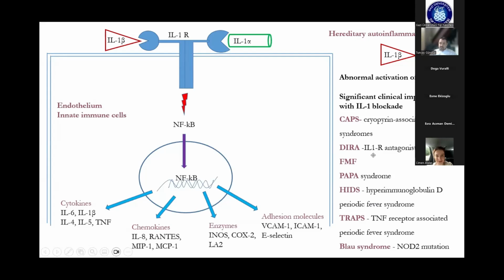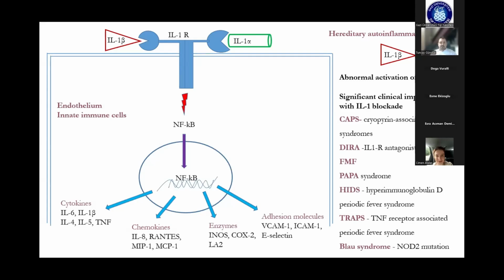Mainly rheumatologists deal with them, but we are all familiar with FMF. These diseases have a significant abnormal activation of interleukin-1 beta. Therefore, when you administer interleukin-1 beta or alpha blocker drugs, you can cause significant clinical improvement in these patients.